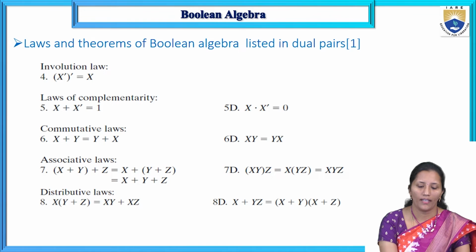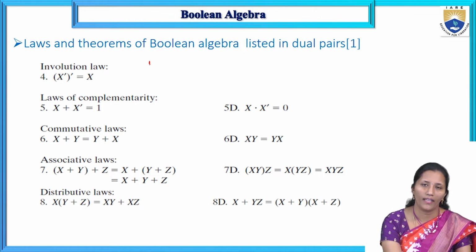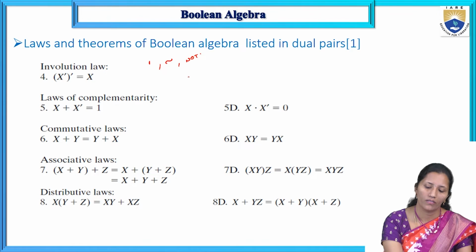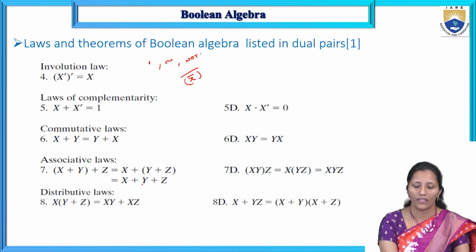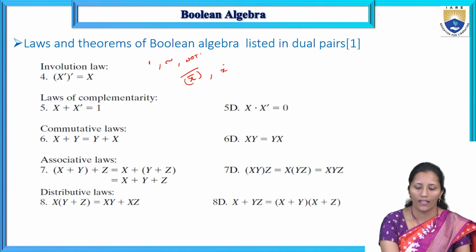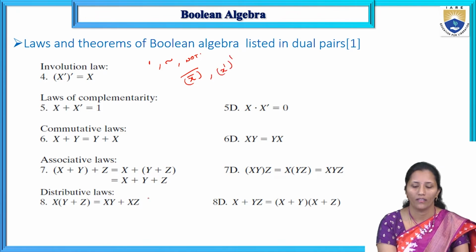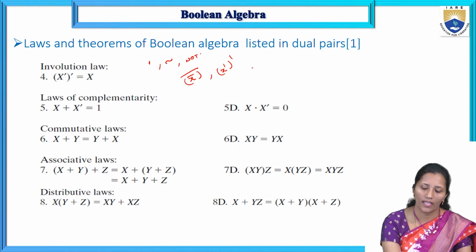So the involution law is x bar whole bar is equal to x. This indicates negation, or the NOT operation. So we can write this as x bar whole bar. Here, suppose I take x as 0.